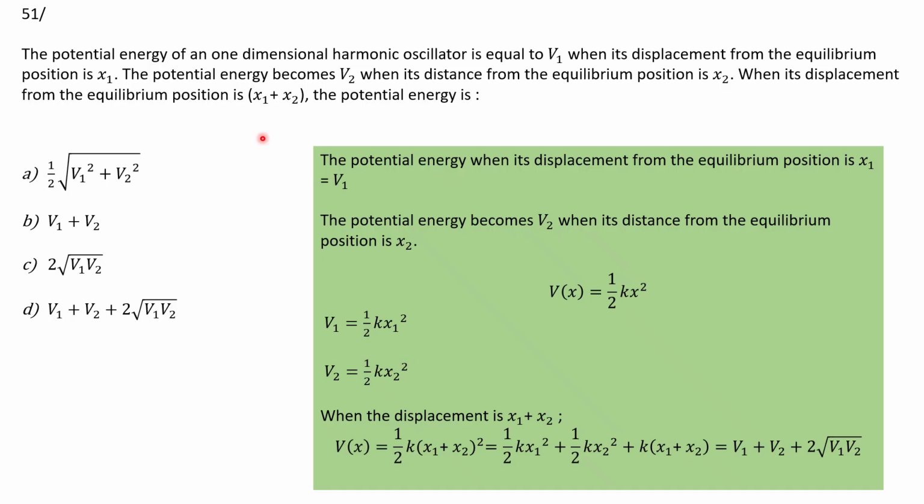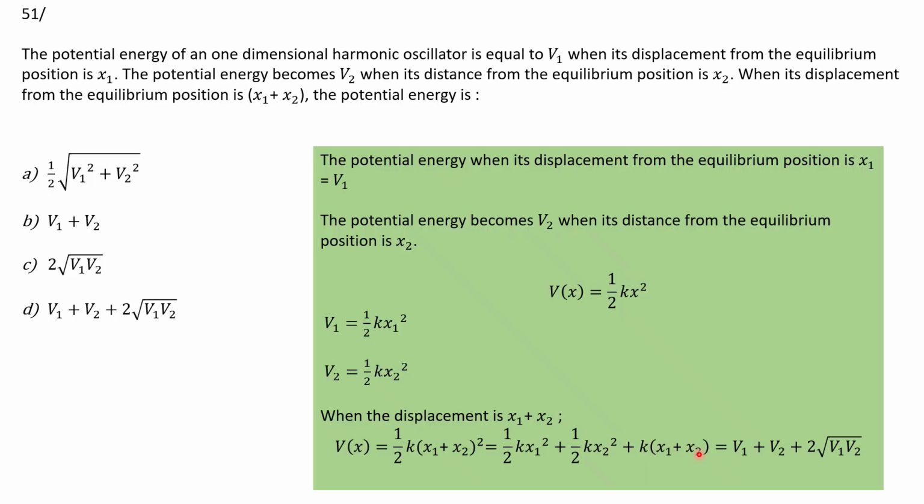And here the question is when the displacement is x1 plus x2. So in place of x, if we put x1 plus x2, then the equation will become V of x equal to 1 by 2 k (x1 plus x2) whole square, which is equal to half k x1 square plus half k x2 square plus k x1 x2.